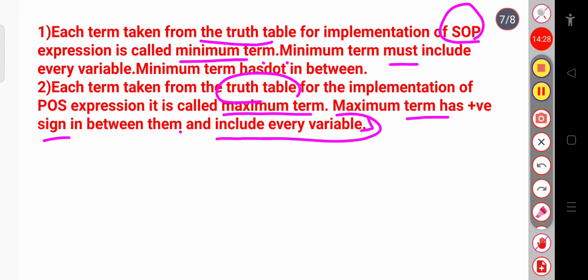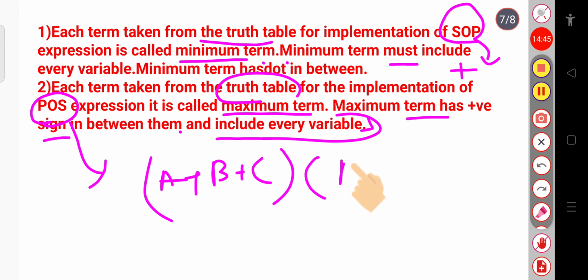Okay. Simply, sum over product means you first take the product and after that add the terms, and in case of POS you first take the summation and after that multiply. So this is actually the case.